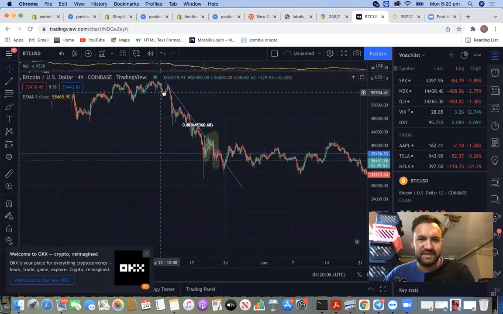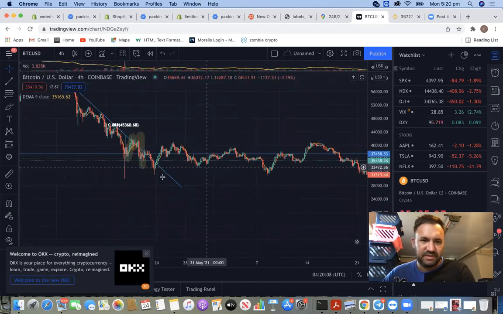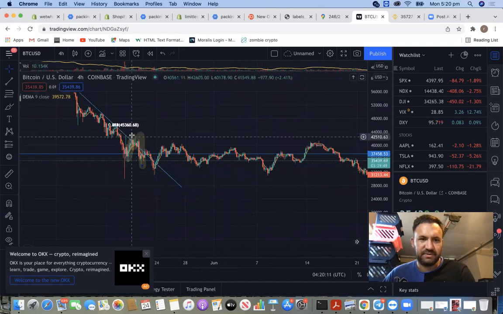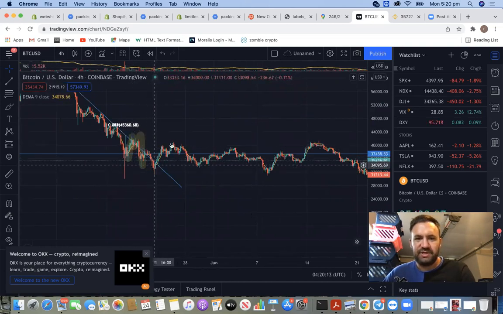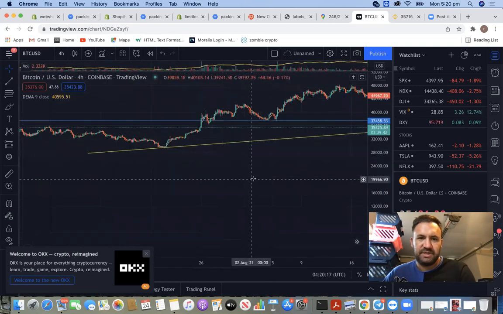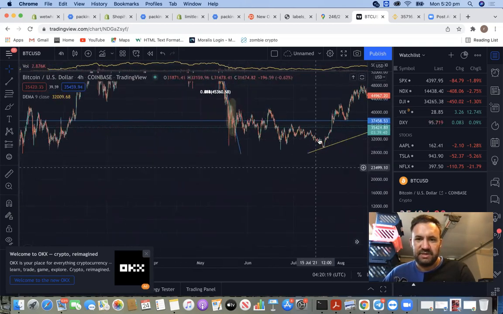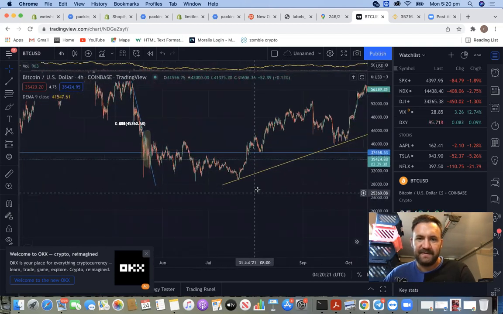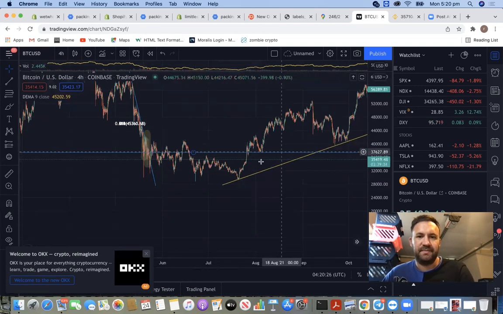So we had this massive downtrend, and this is where the trend was broken. We broke trend, we traded sideways for a while, and here we started heading up. Once we broke this, which was a line of resistance, we started heading up.